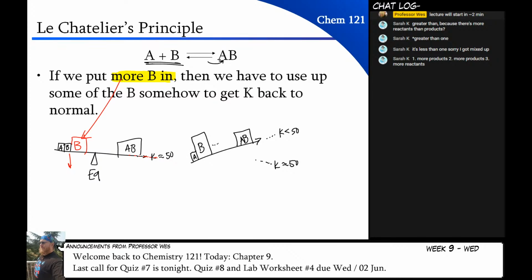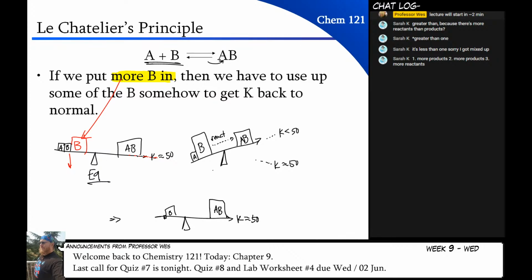So these two would then react. And what I would end up having at this point now is there'd be a very tiny amount of A. There'd still be a lot of B here, but there would be much more AB than before. I drew the scale the wrong way again. This is hard to draw. And this would keep going until my equilibrium constant was back to what it was.